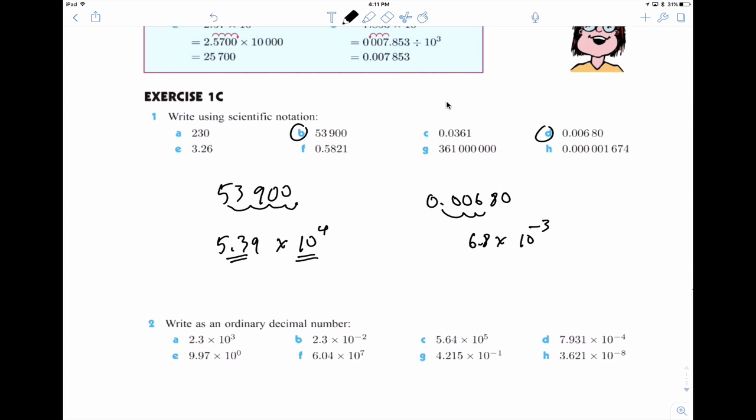And to understand why we have to multiply by 10 to the negative 3, 6.8 is a much bigger value, itself 1,000 times larger than 0.00680. Multiplied together then, we will get what we started with.